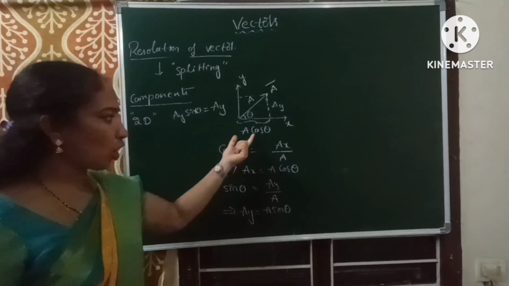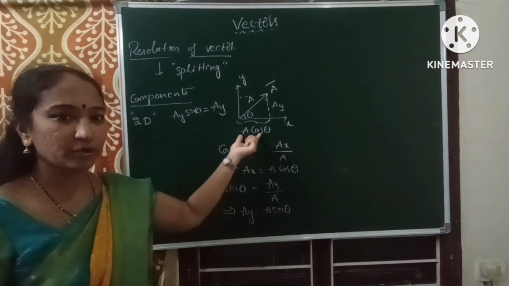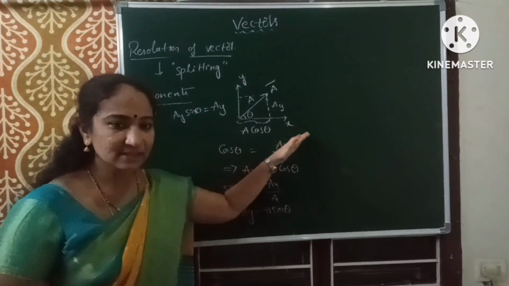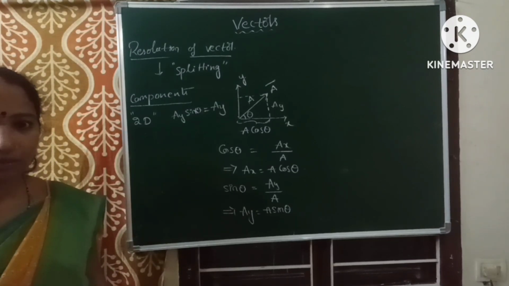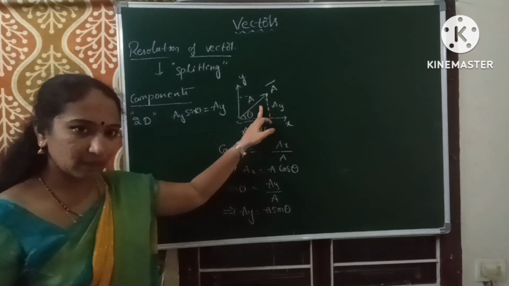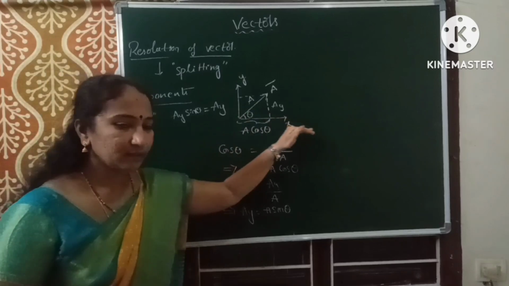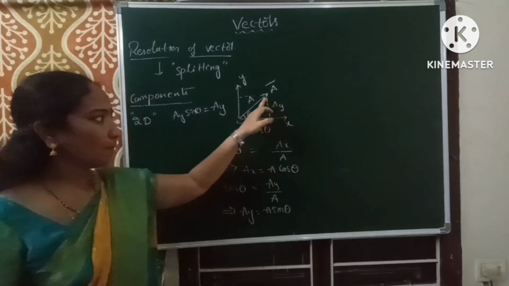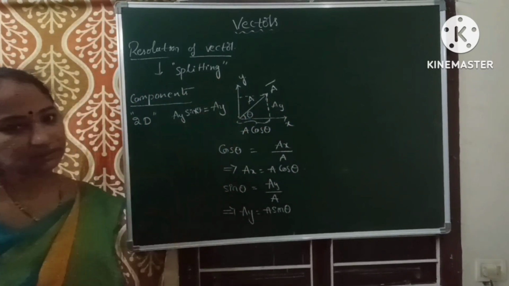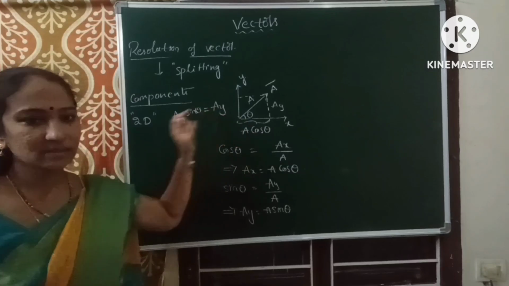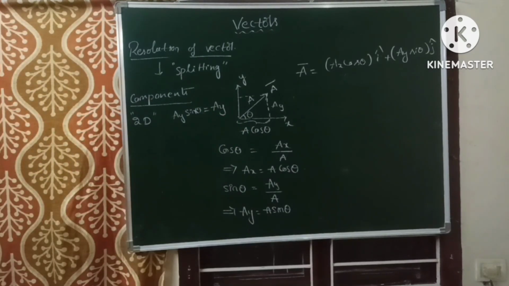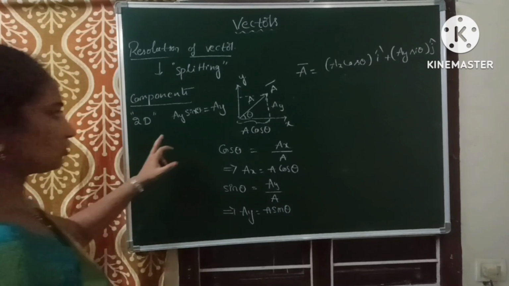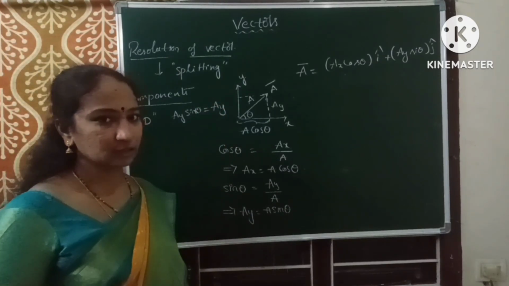Understand? So these are the components on the x-axis and on the y-axis. Component of A bar on the x-axis, component of A bar on the y-axis: A cos theta and A sin theta. Right? So this is about the resolution of vectors.